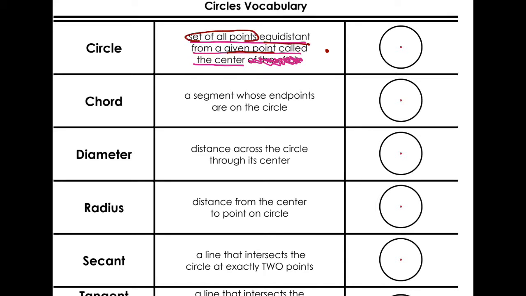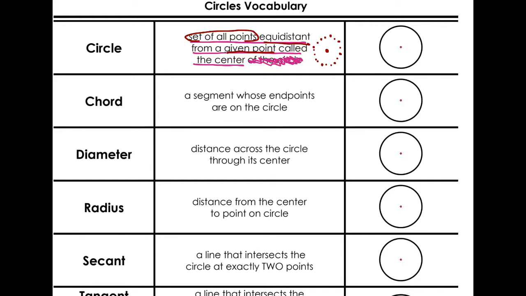So let's say I went out 2 centimeters up, went out 2 centimeters down, all the points that are 2 centimeters away from that center point. If they were all 2 centimeters away, as you draw more and more points that are 2 centimeters away from that given center point, you'll see that it'll eventually form a circle.